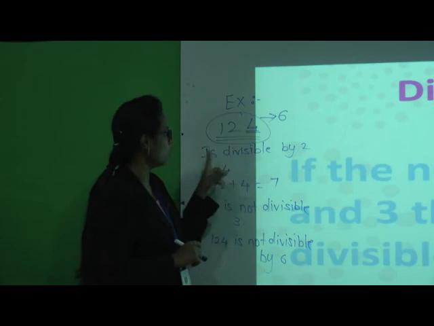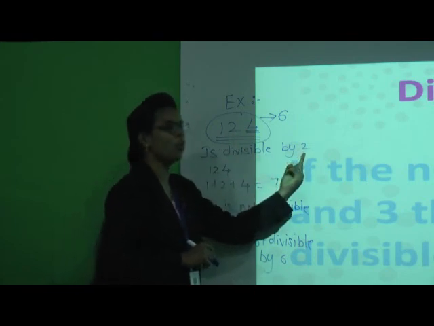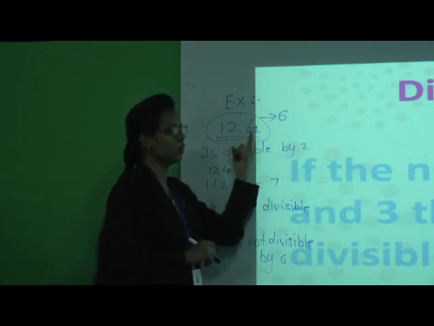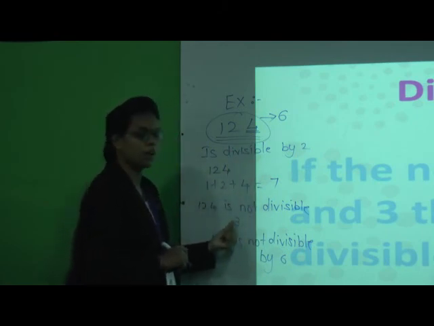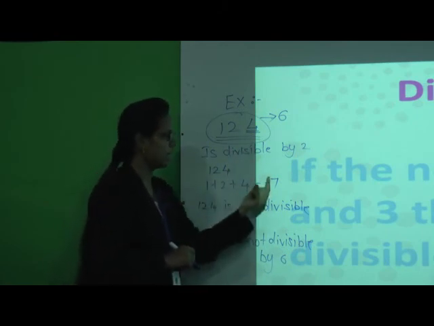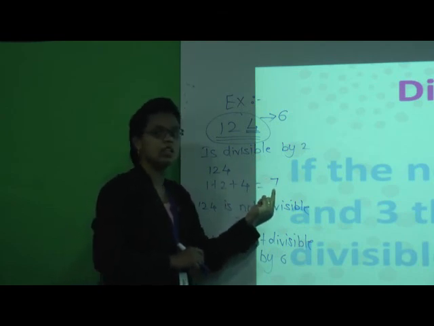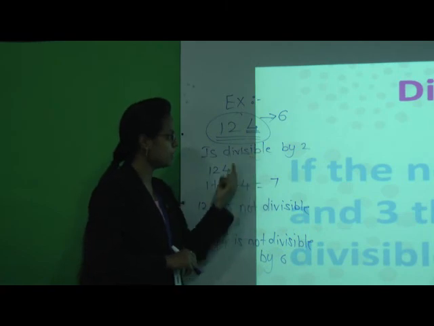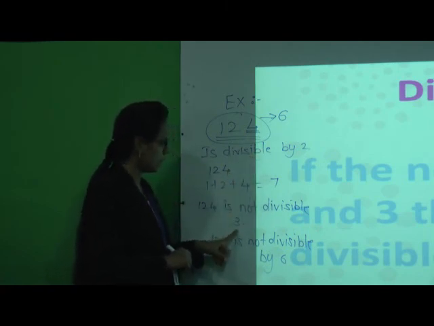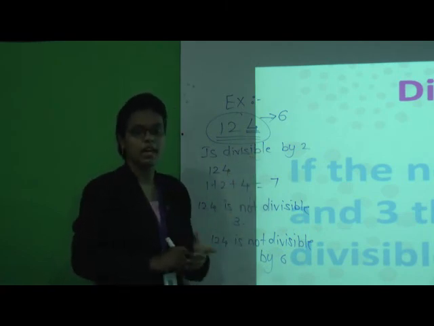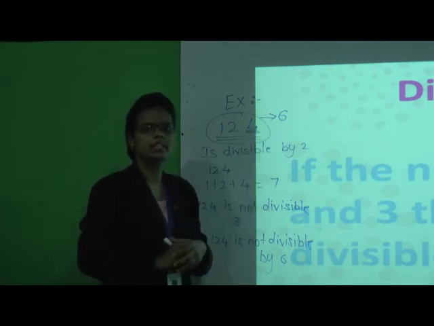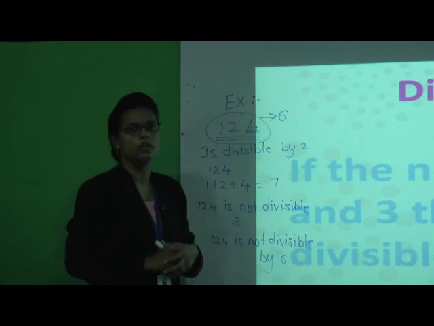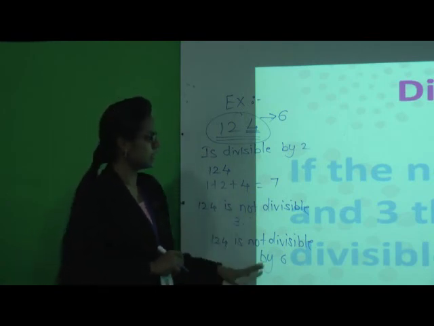The number is divisible by 2 as it has 4 in its ones place, and the number is not divisible by 3 because after addition we get 7 and 7 is not divisible by 3. So the number is divisible by 2 but not by 3. Hence the number is not divisible by 6 because it is not satisfying the rule.